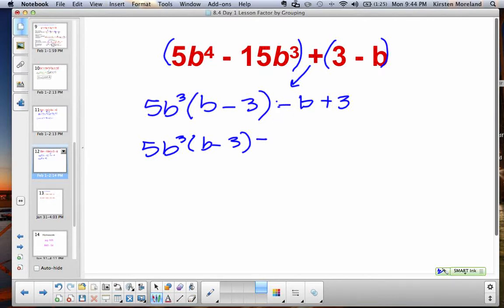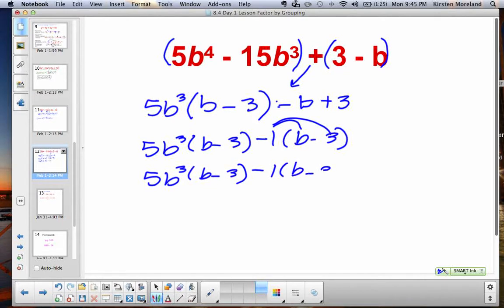I'm going to factor out a -1 here, so I'm left with b minus 3. That way, when I distribute the negative, I end up with a -b and a +3. So I factored out a -1 there. So I'm left with 5b to the third times b minus 3 minus 1 times b minus 3.